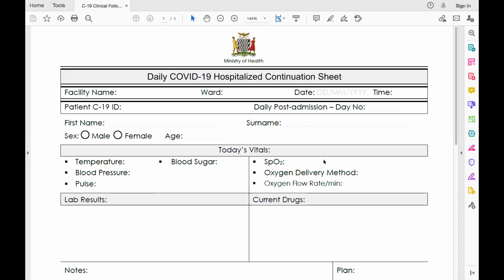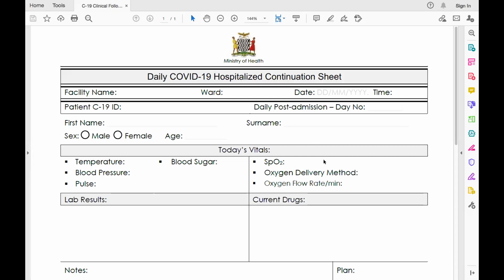So this form is basically a continuation sheet to allow us to have accountability, but also for completeness of forms and data on our patients. For one, to help us do better as we progress with this pandemic, but also have enough supplies in our facilities.